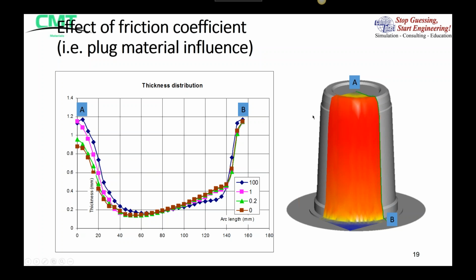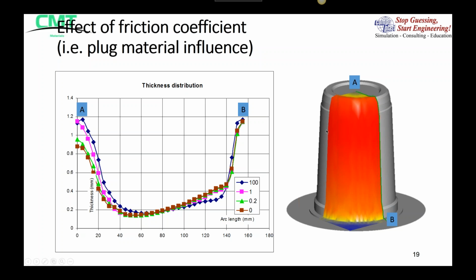And the coefficient of friction is a relatively difficult parameter to obtain, because you need to do it at the temperature at which the material is being formed. The coefficient of friction is highly sensitive to temperature, so it is a rather complex parameter. But we know, even through experience, that depending on the type of plug material you pick, you can have a very different distribution in the part.